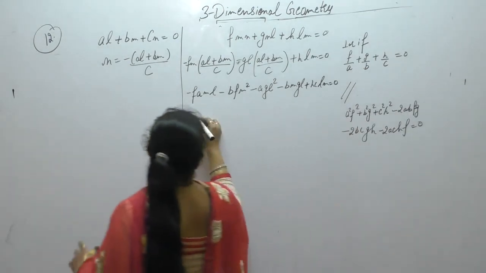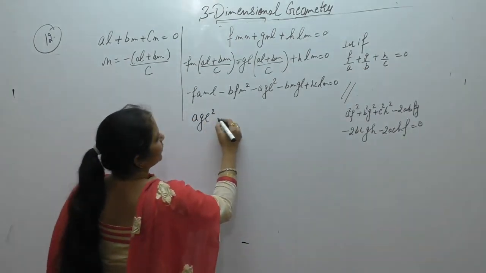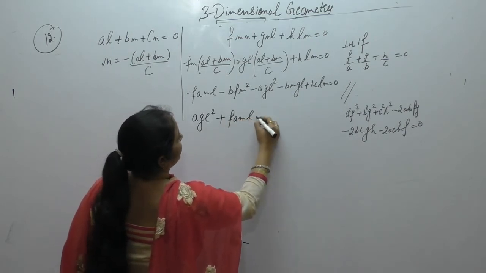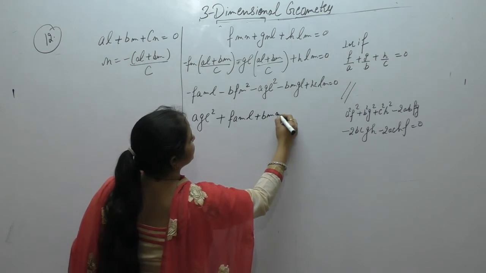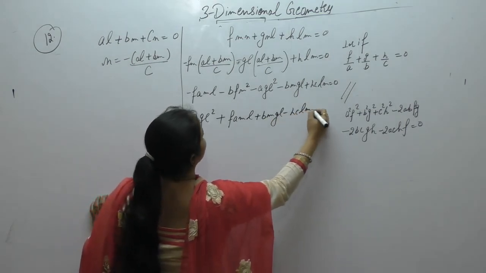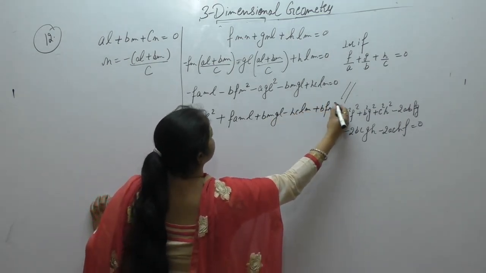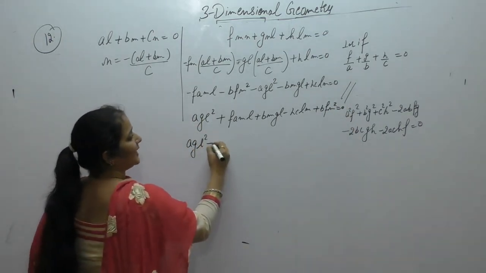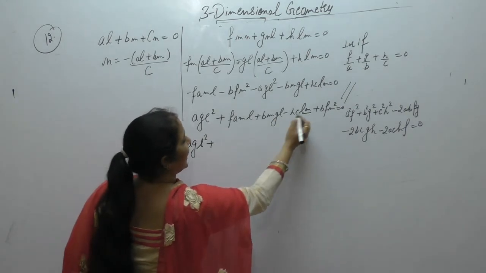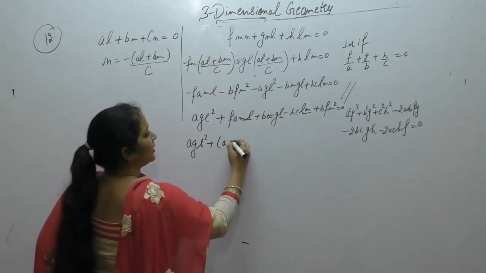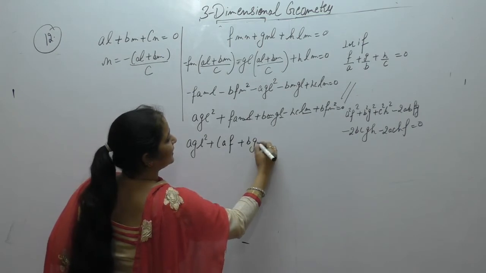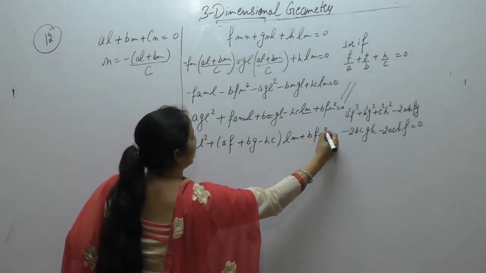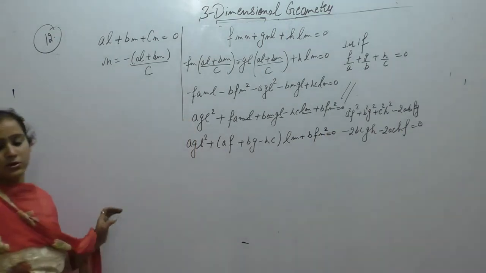Now take the negative sign common. AGL squared plus FAML plus BMGL minus HCLM plus BFM squared is equal to 0. We can write it as AGL squared, and from here LM is common, so (AF plus BG minus HC) LM plus BFM squared is equal to 0.